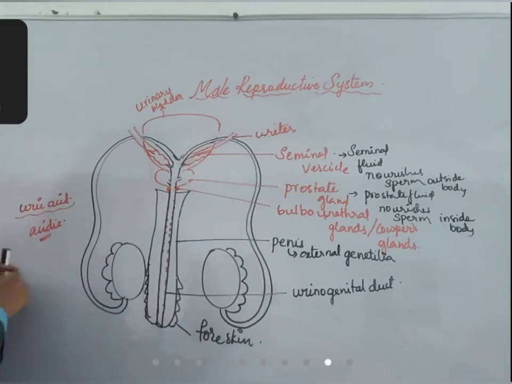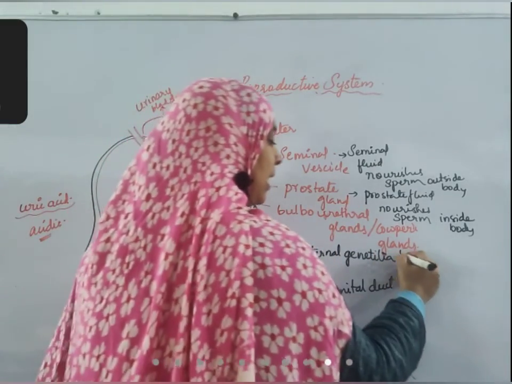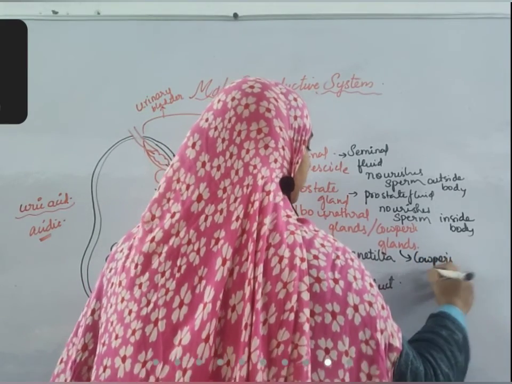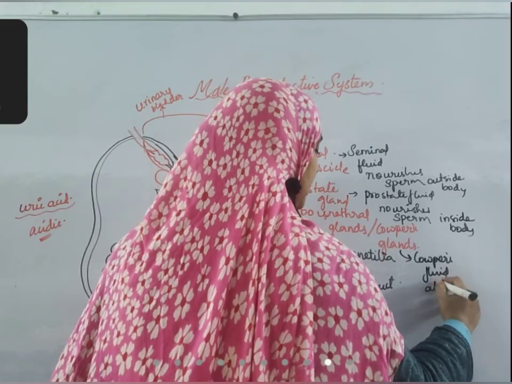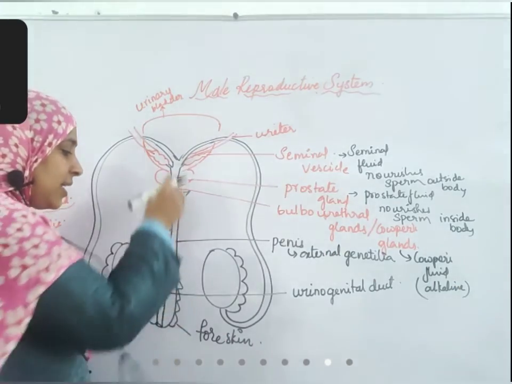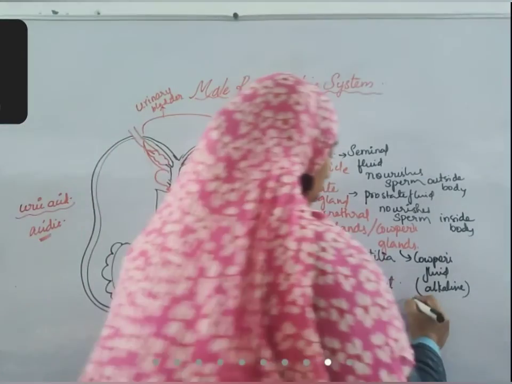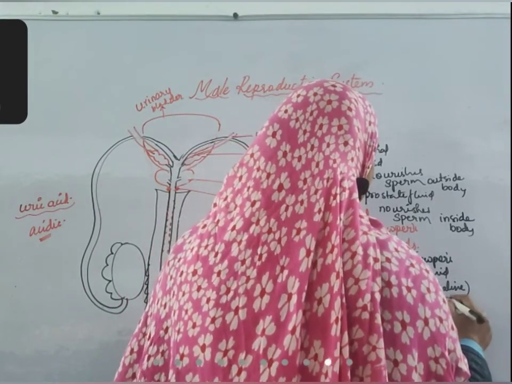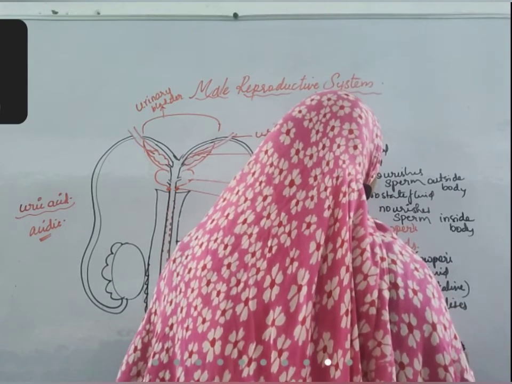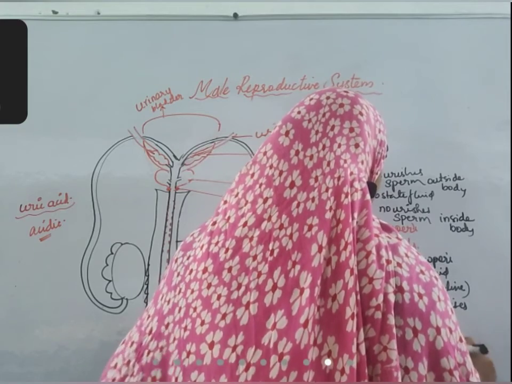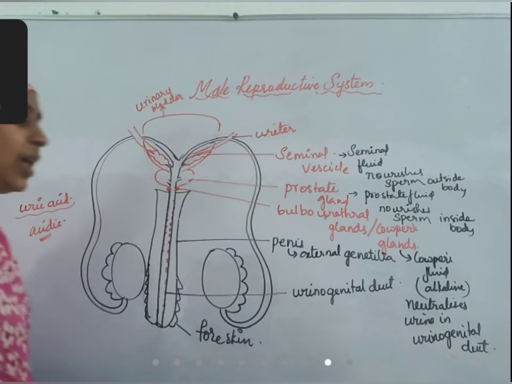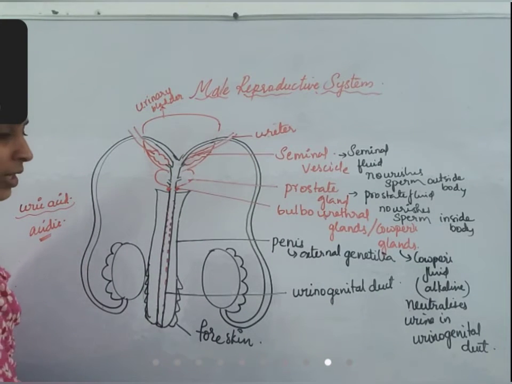To avoid this, Cowper's gland secretes some alkaline fluid. Cowper's fluid is alkaline. It neutralizes the urine in the urinogenital duct.